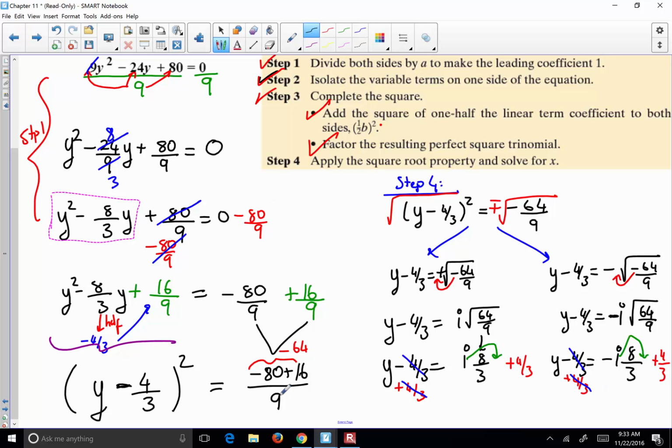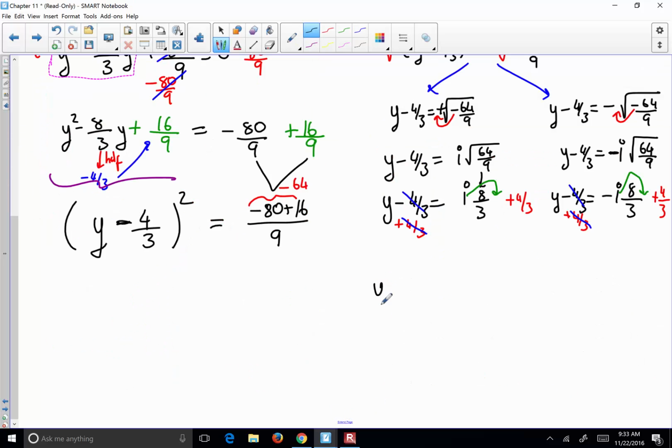Okay, so we have 8/3 i plus 4/3, or y can be minus 8/3 i plus 4/3.